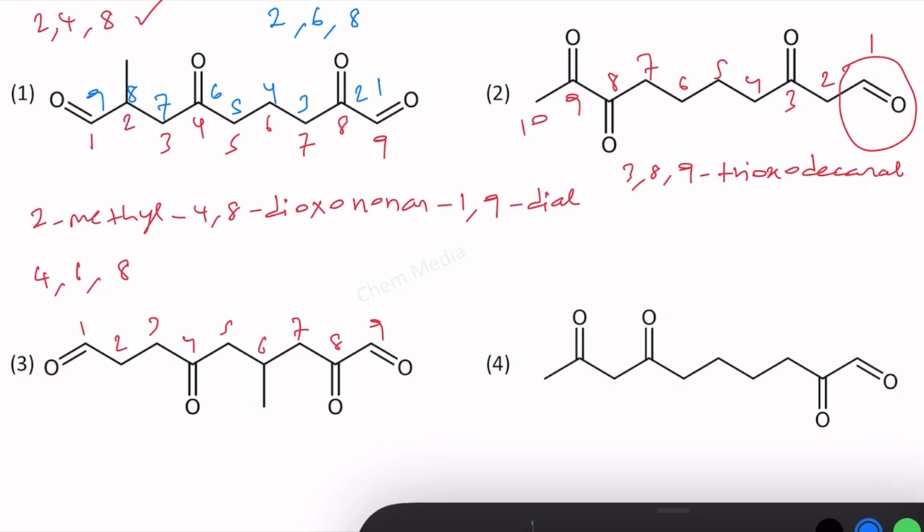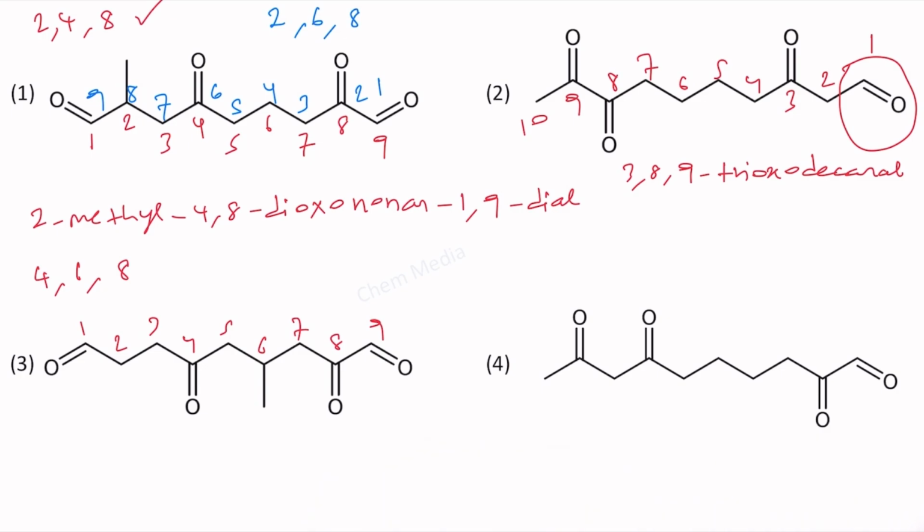On the contrary, if we do the numbering right to left, then 1, 2, 3, 4, 5, 6, 7, 8, 9. Now the substituents are coming at 2, 4 and 6 and therefore this is preferred, because 2, 4, 6 as a set versus 4, 6, 8 as a set.